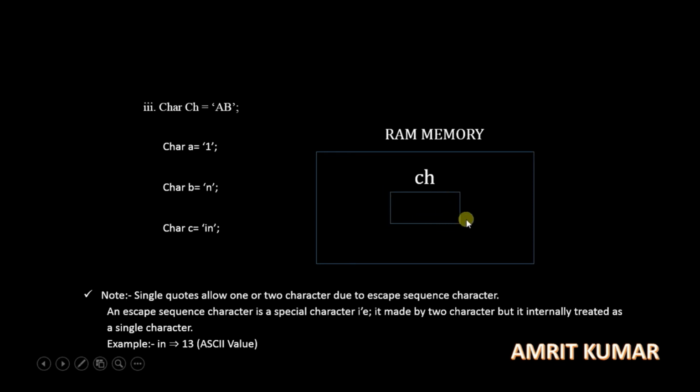A variable ch is going to be allocated in the RAM memory, whose size is 1 byte and type is char. Ch is a variable name of char type, so in RAM memory ch is built and allocates some memory, its type is char, and char size is 1 byte.